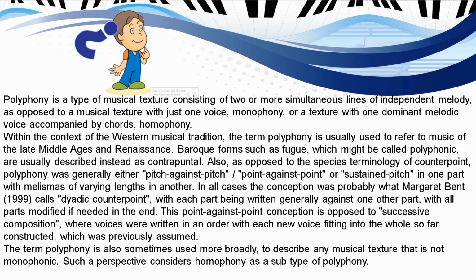Within the context of the Western musical tradition, the term polyphony is usually used to refer to music of the late Middle Ages and Renaissance. Baroque forms such as fugue might also be called polyphonic.